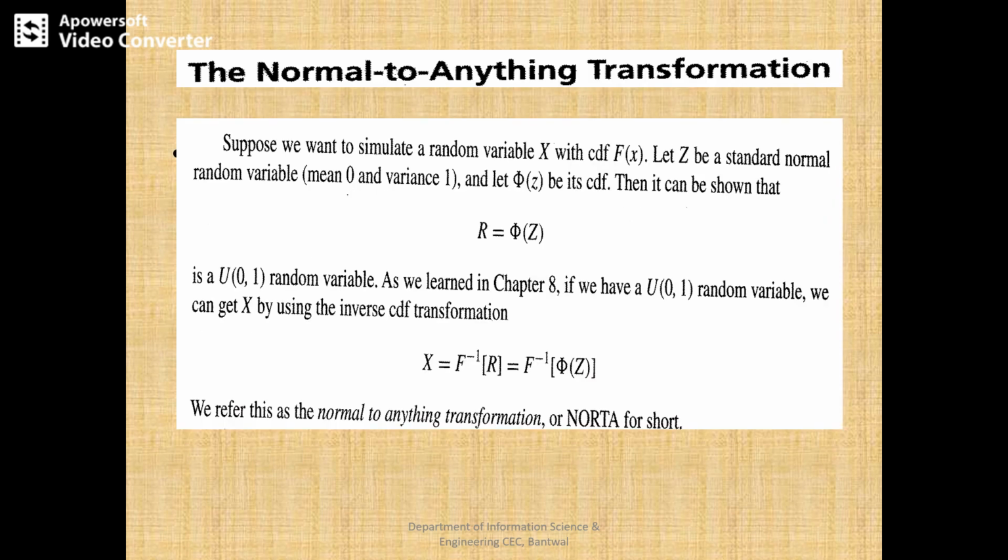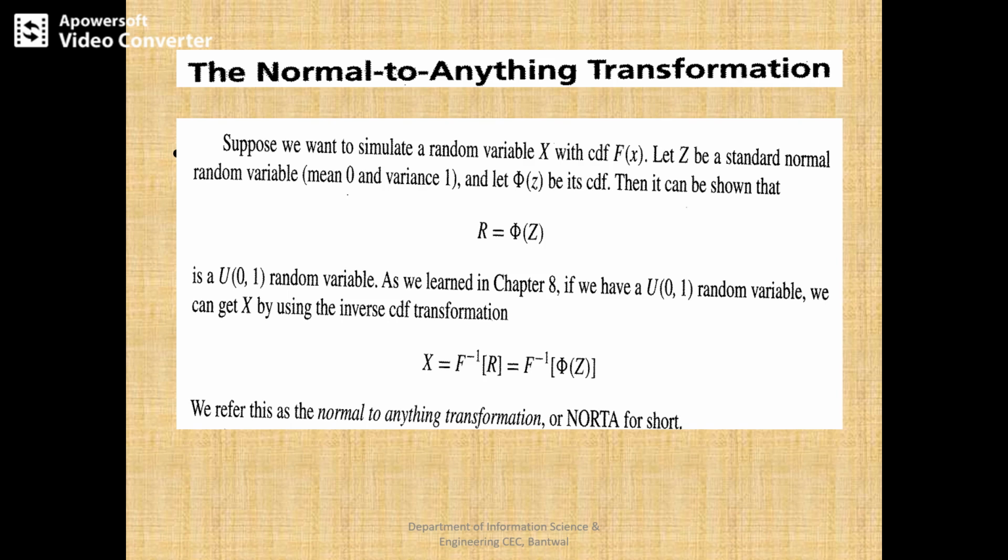And next is NORTA, normal to anything transformation. Suppose we want to simulate a random variable X with a cumulative distribution function capital F of x. Let capital Z be a standard normal random variable with mean 0 and variance 1, and let phi of z be its CDF.